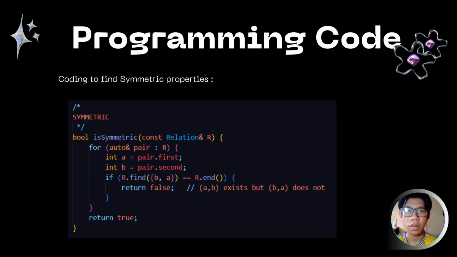Now I will talk about the symmetric properties. Looking at the code, we have this symmetric function and we are just running a for loop to look at every single pair inside the relation.